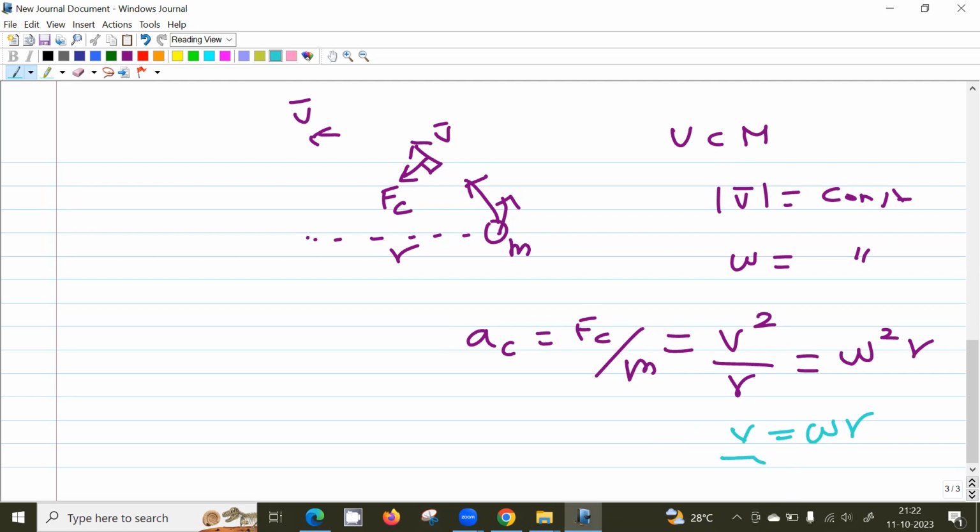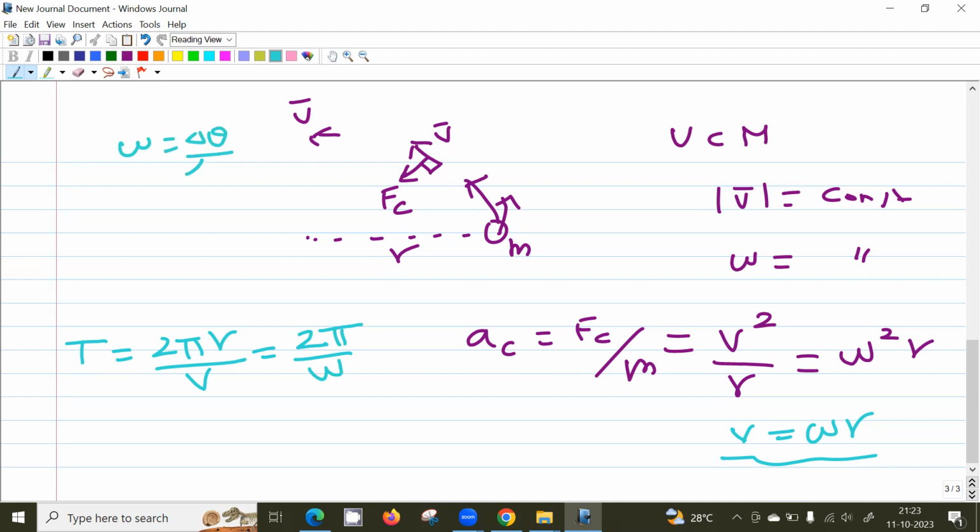So this relation we can get by taking this time period T, which is the time to complete one full circle, that I can write as the circumference of the circle divided by the linear speed v. And it's also the angular displacement of the full circle, which is 2 pi, given the angular speed omega. Omega is the angular speed, which is how fast I cover an angle in a given time.